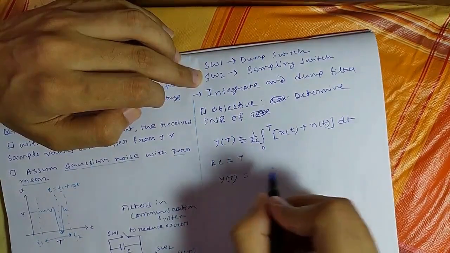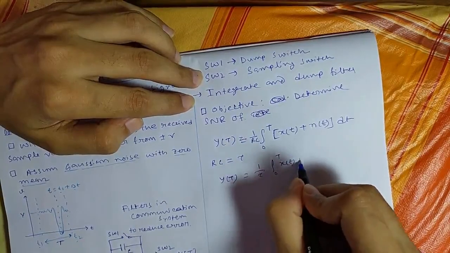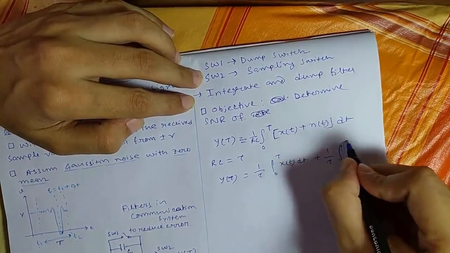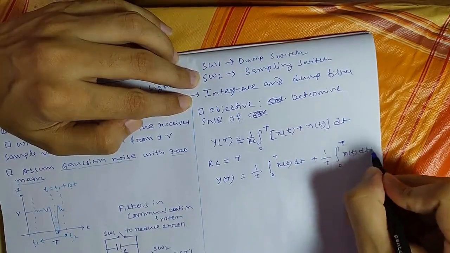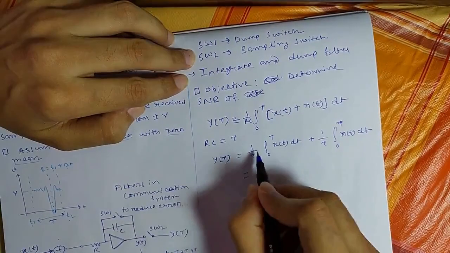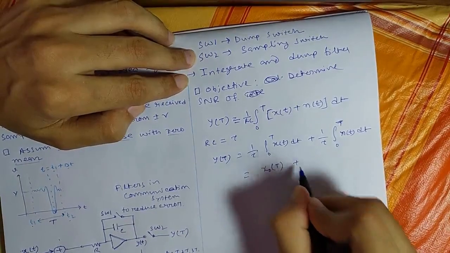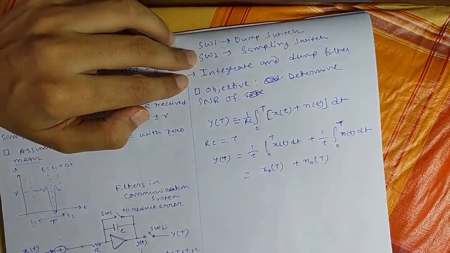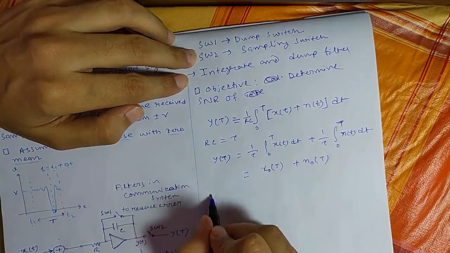So y(T) is 1 by tau integral 0 to T x(t) dt plus 1 by tau integral 0 to T n(t) dt, equals, we'll consider it as x0(T) plus n0(T). We'll determine the individual components separately. So let's find out what will be x0(T).